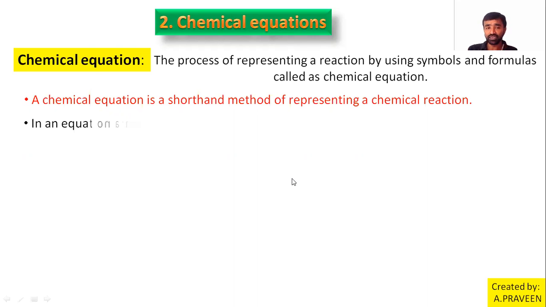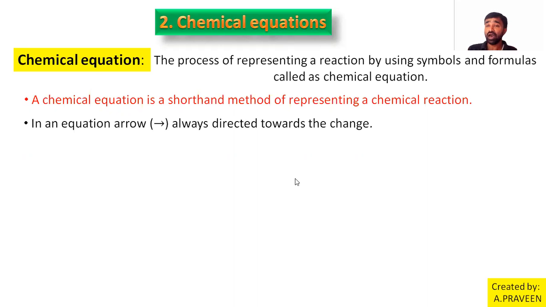Then in chemical equations, we use an arrow symbol. The arrow is always directed towards the change. These are the important things. Left of the arrow, we write the substances which undergo change, called reactants.